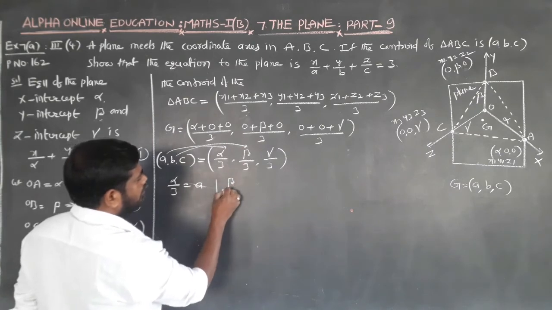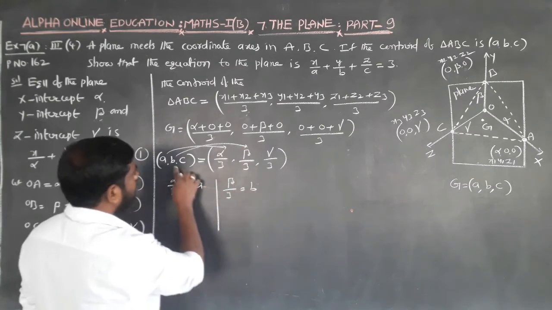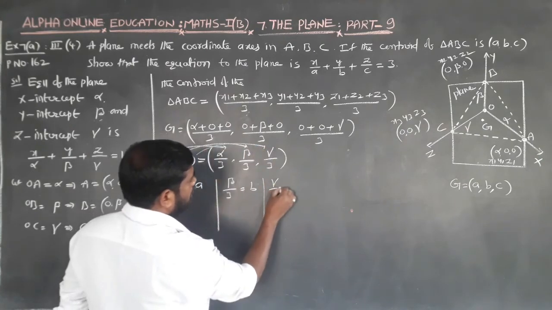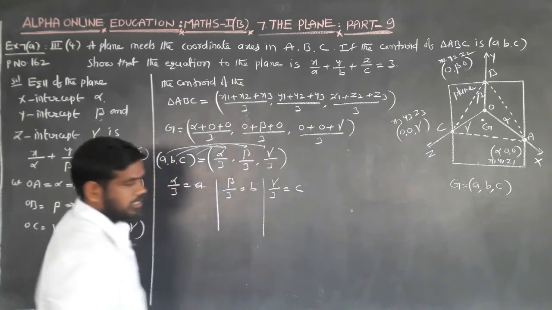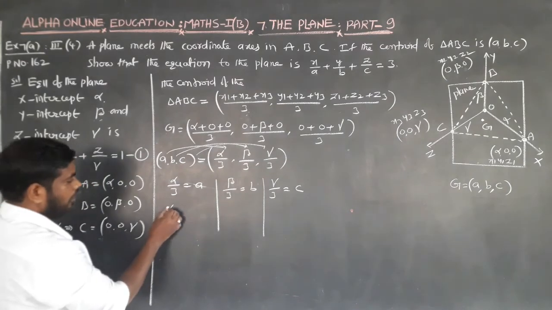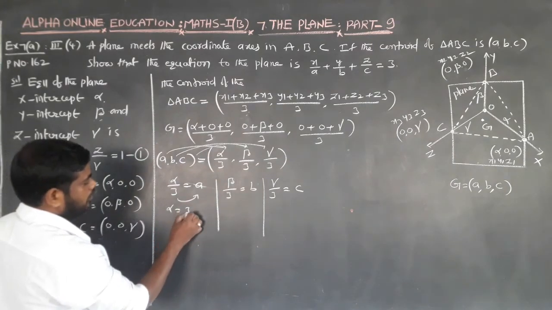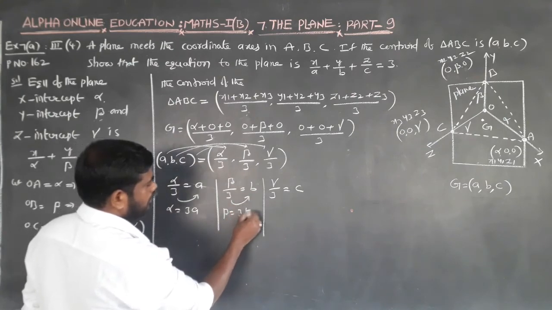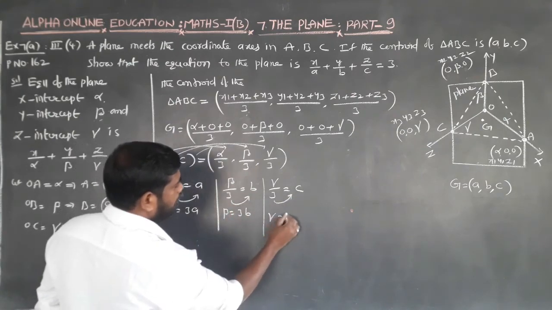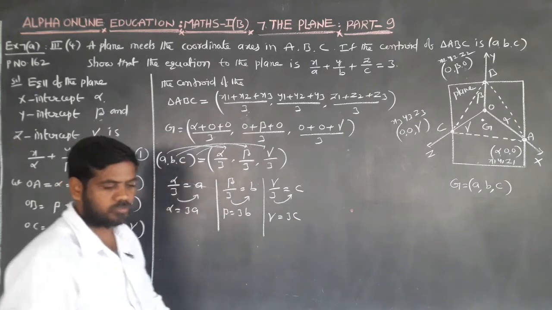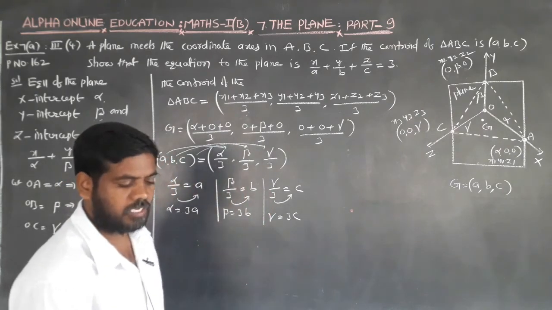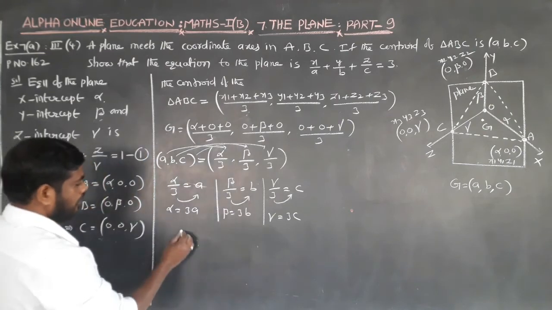Equating y coordinates, beta/3 = b. Equating z coordinates, gamma/3 = c. So alpha = 3a, beta = 3b, gamma = 3c. These are the values of alpha, beta, gamma.